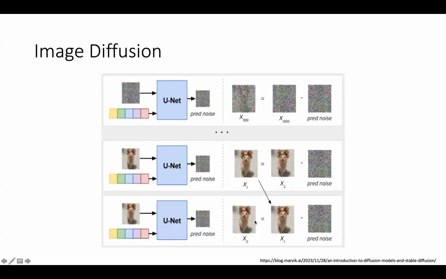So this is the final image that we have. What we essentially did in the whole process is we have taken a latent vector from a normal distribution, and through the help of a text embedding or image embedding, we have denoised this latent vector to the image that we want.